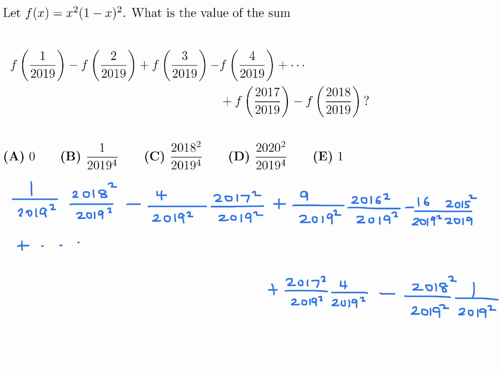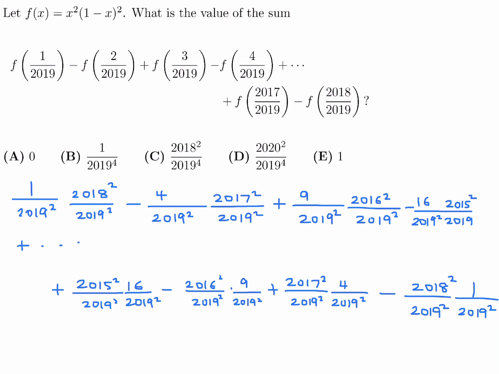The next one over is 2016 squared over 2019 squared, times 3 squared, which is 9 over 2019 squared, and that is a negative. We'll do just one more: 2015 squared over 2019 squared, times 4 squared, 16 over 2019 squared, and that is a positive. Okay, I think that's good enough.